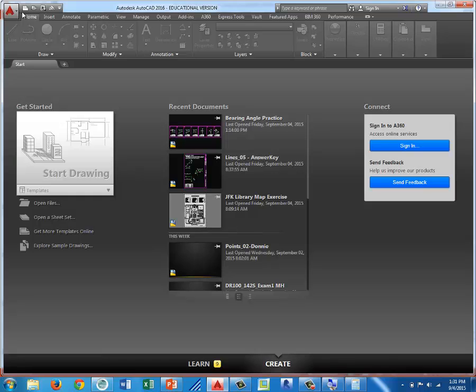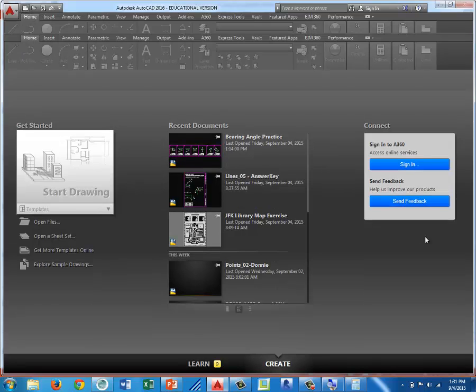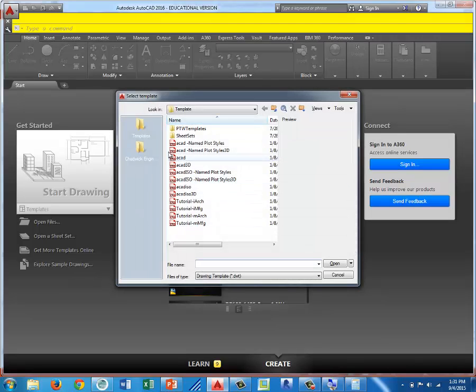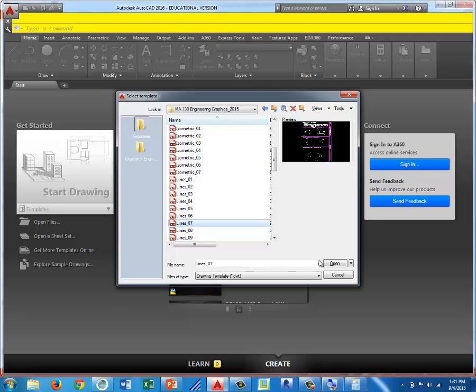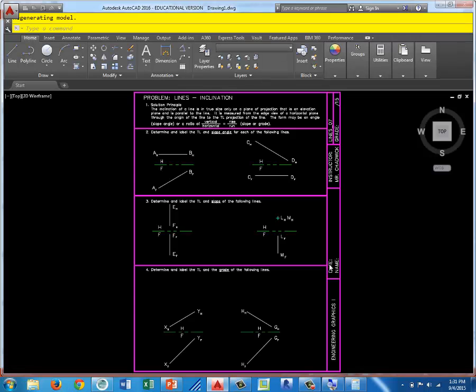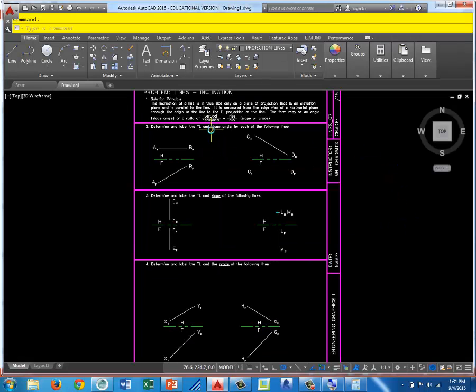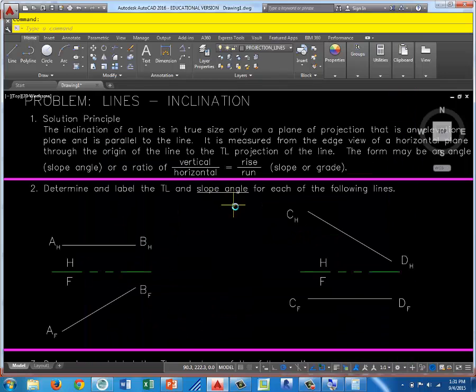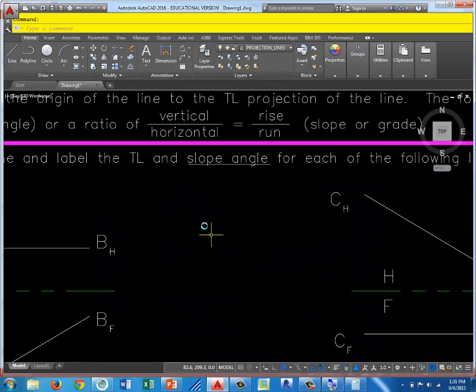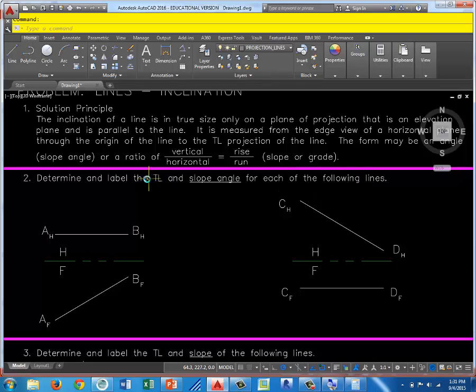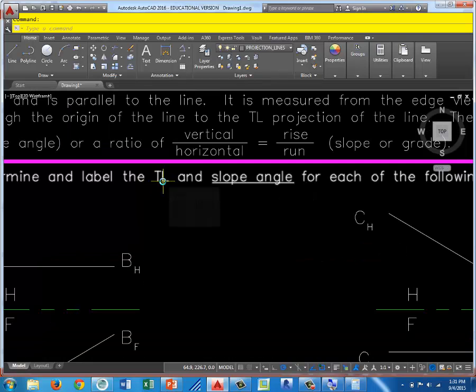So the assignments for today, we're going to do 2 of them, lines 7 and 8. So let me pull those up and talk about them for just a second. All right, so lines 7. As we look at the instructions here, you are to, first of all, determine and label the true length. I don't ask for the point view on this one.